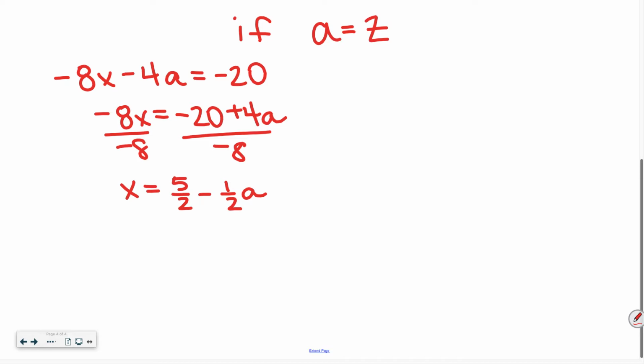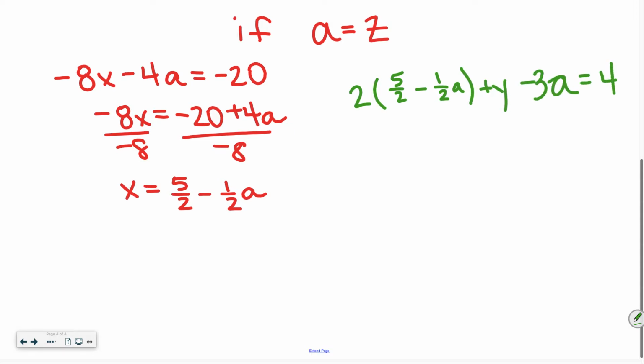Then we can go back to the very beginning and we can solve for Y. Our very first equation is 2x plus y minus 3z equals 4. What's happening is we are writing each of our variables in terms of A, so it can represent all the coordinates on that line.